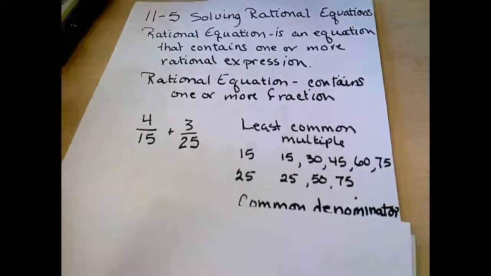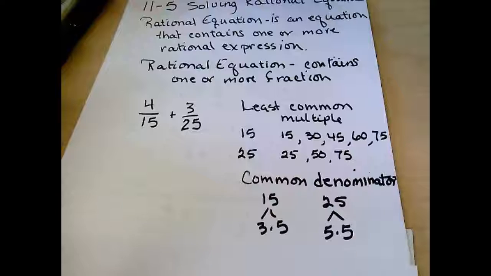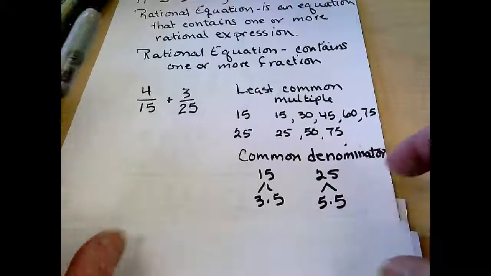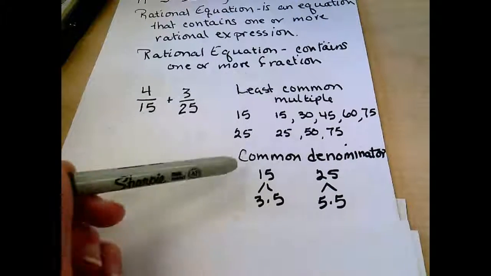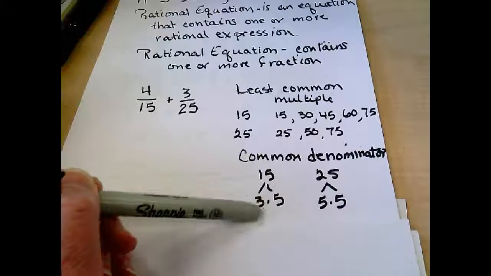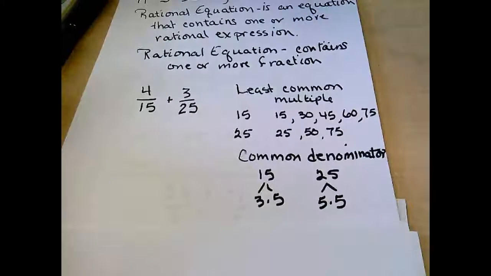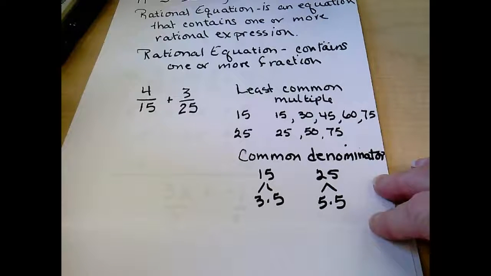Well, in a fraction, we call that your common denominator. But there's a much simpler, faster way to find our common denominator than writing all the multiples. So I take 15 and factor it, and I take 25 and factor it down to my numbers that multiply to give you each of those.